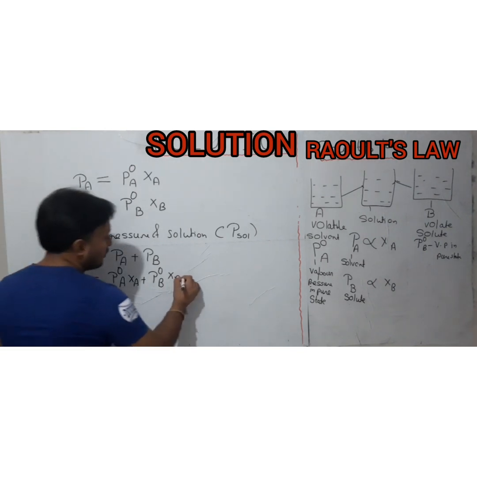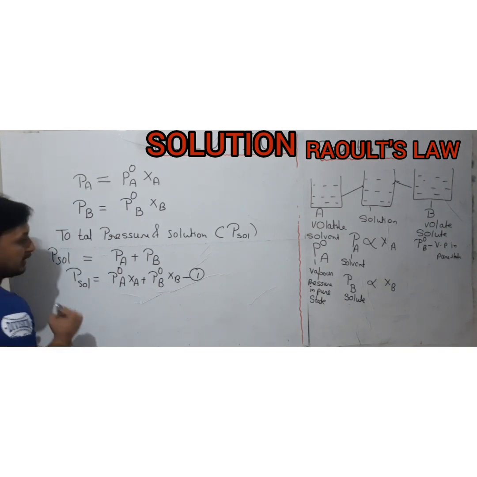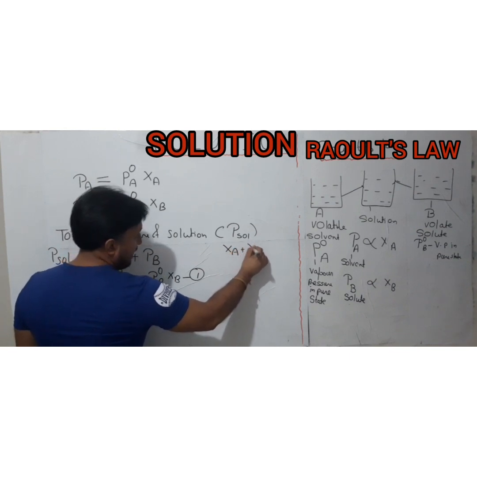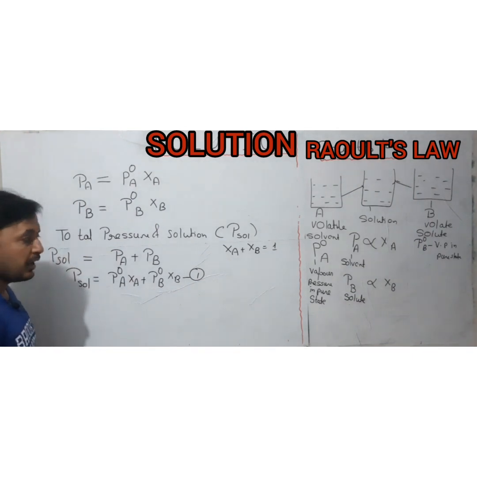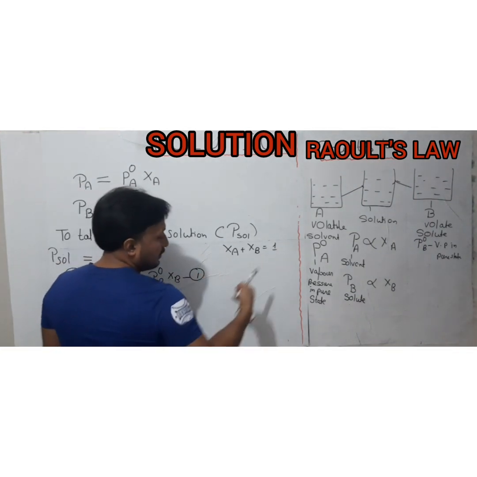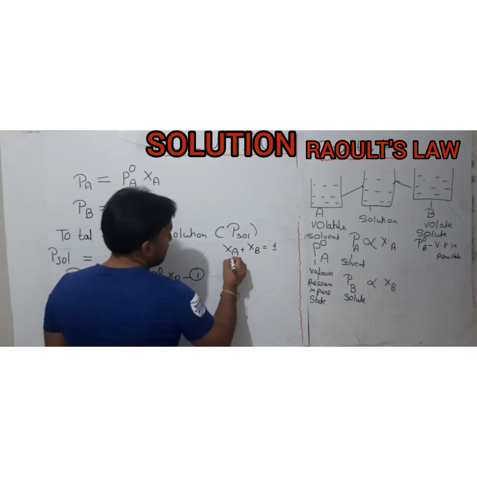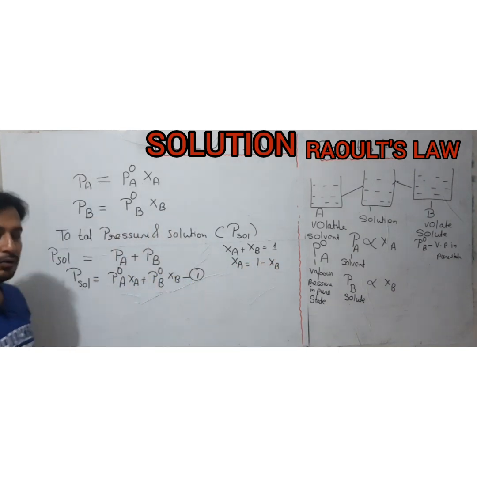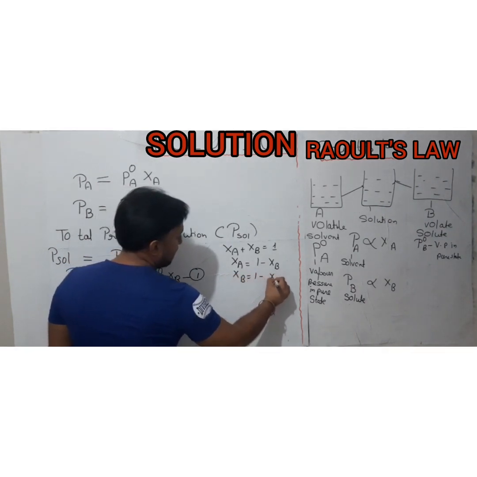Suppose this is our equation number 1. We know one more thing, that XA plus XB is always equivalent to 1. That is, the mole fractions of the two components in a solution add up to 1. Then XA can be written as 1 minus XB, or else XB can be written as 1 minus XA.